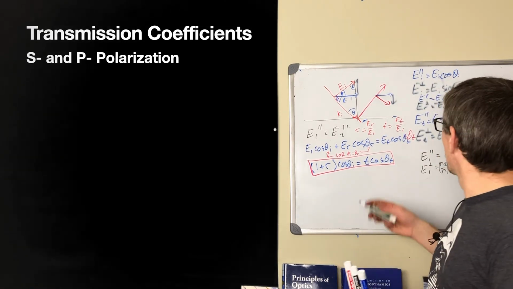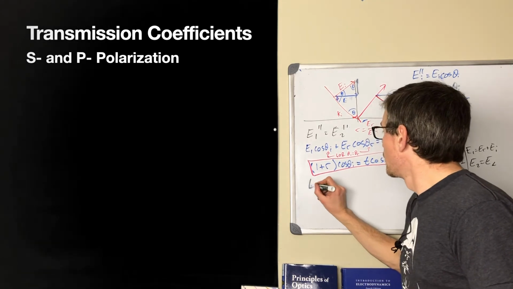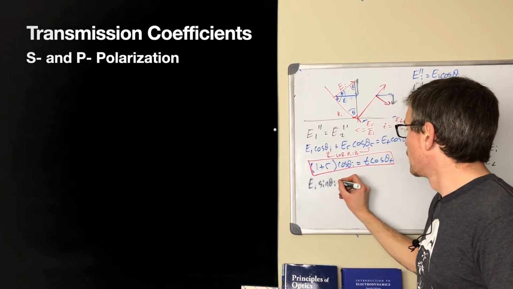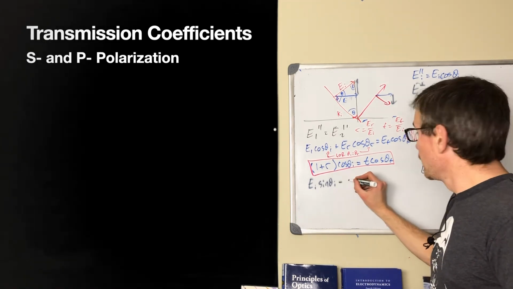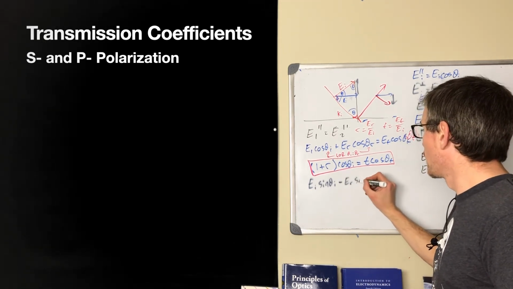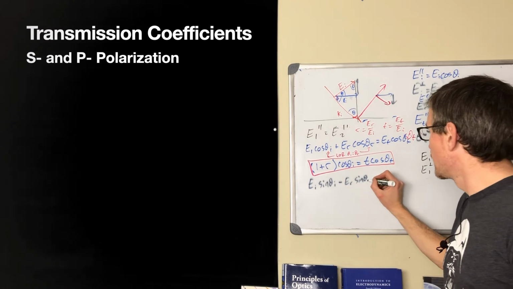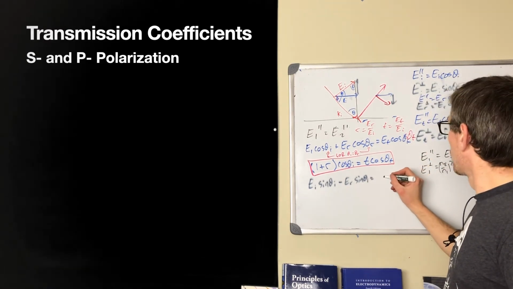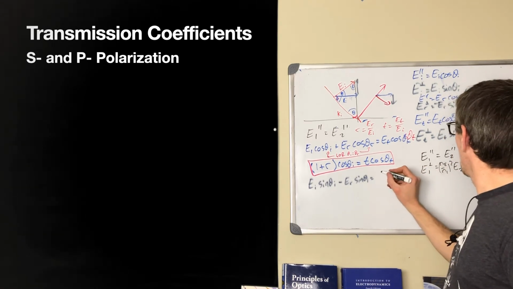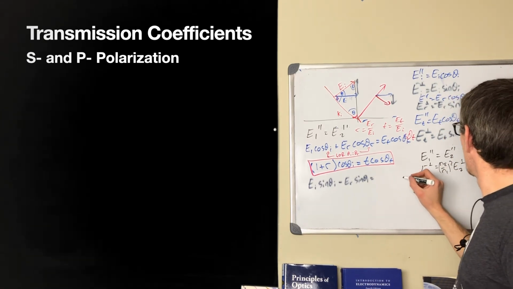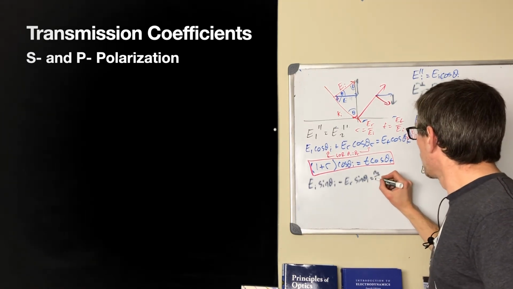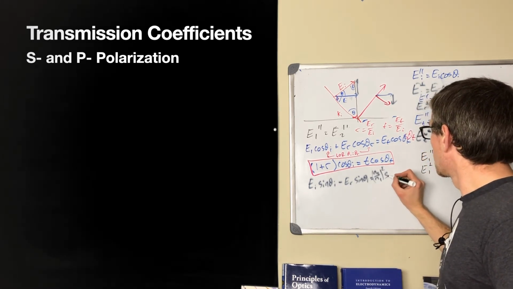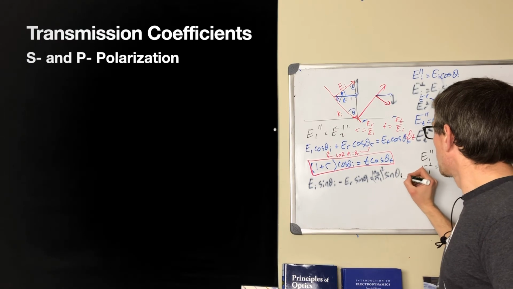Well, that tells us that E incident times sine theta incident minus now E_R times sine theta r, which we know is sine theta incident, is equal to, what do we say it is? It's (N2 over N1) all squared times sine theta transmitted.